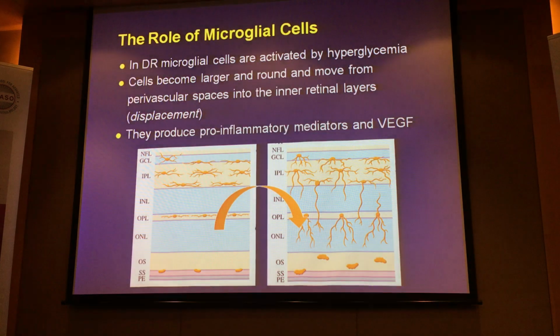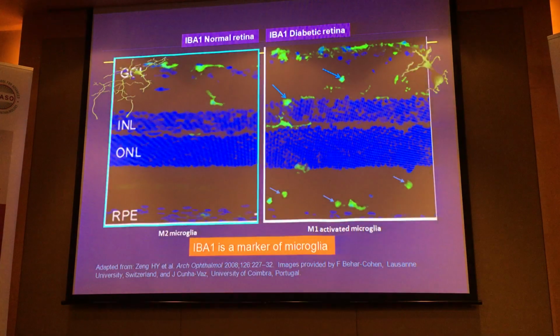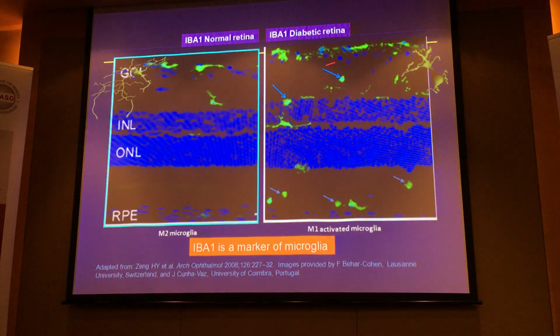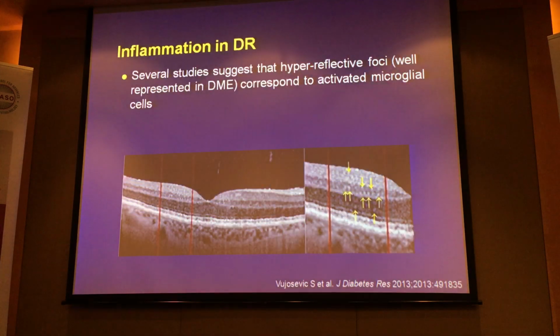And how do we know that microglia are involved? Because they're activated by hyperglycemia. So there's a real reason why we see all these activated microglia within the inner layers of the retina. This is diabetic retinopathy with upregulation of microglia shown by the marker IBA1.